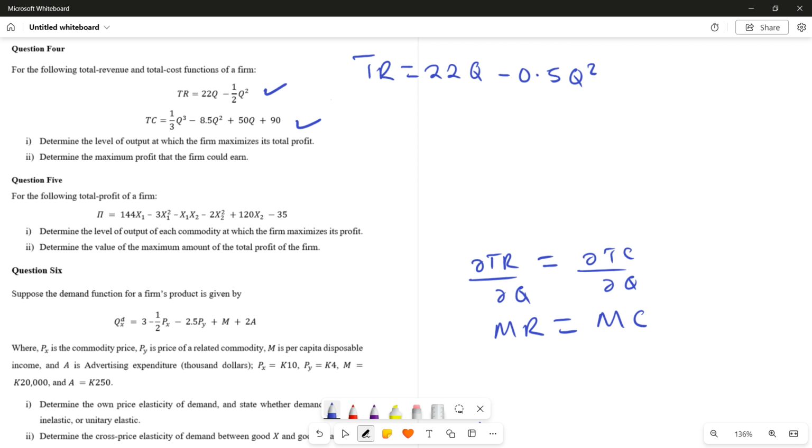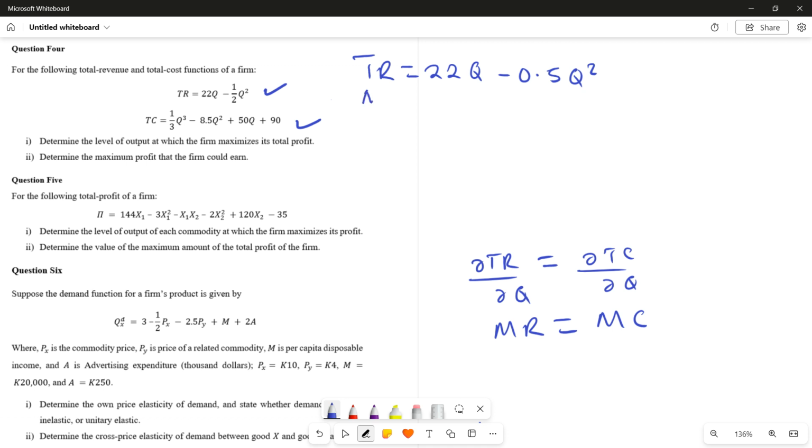So please, with marginal, just know that you have to differentiate something, or check properly whether something has already been differentiated for you. We are preparing for an exam.